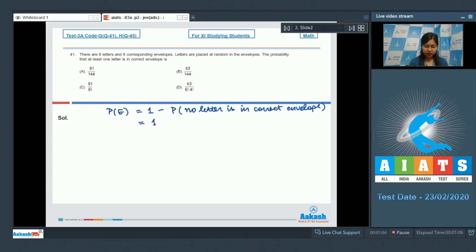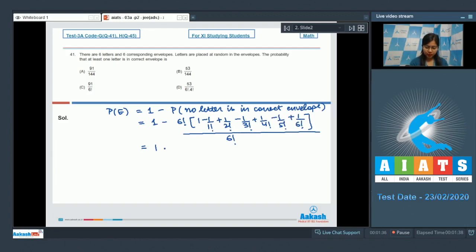So this is equal to 1 minus 6 factorial into (1 minus 1 by 1 factorial plus 1 by 2 factorial minus 1 by 3 factorial plus 1 by 4 factorial minus 1 by 5 factorial plus 1 by 6 factorial) whole divided by 6 factorial.